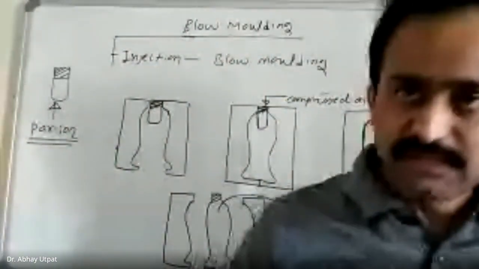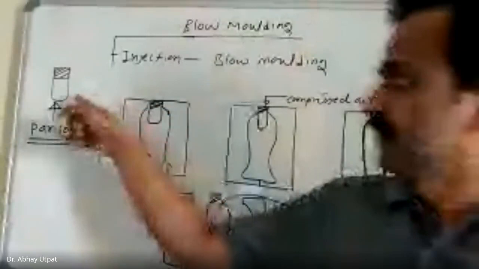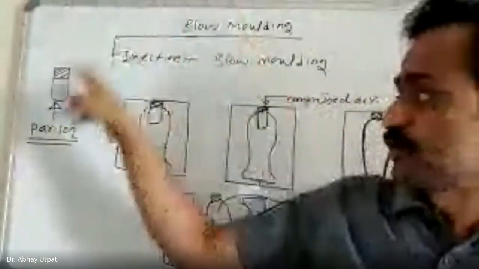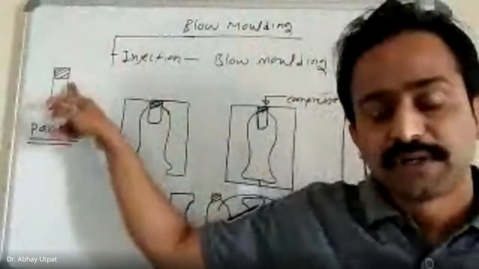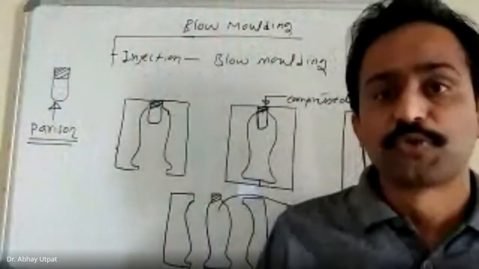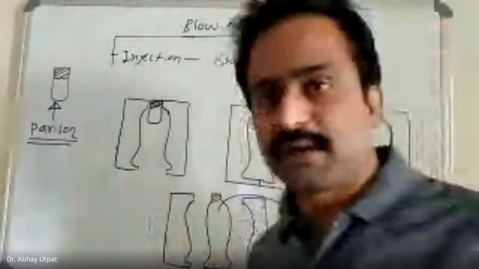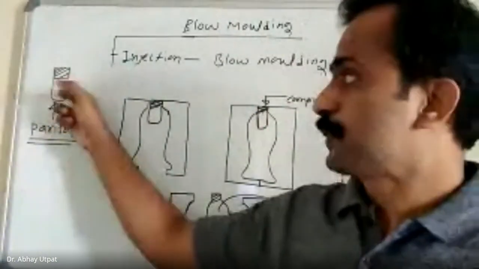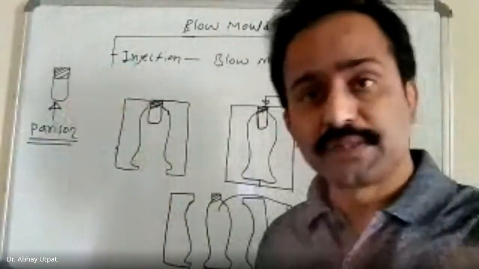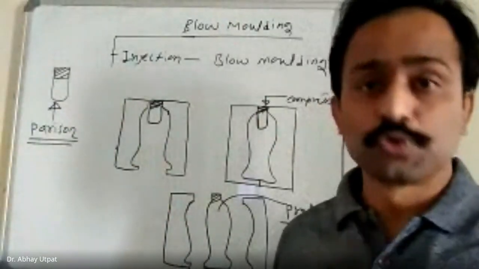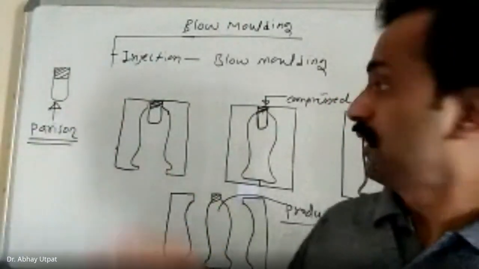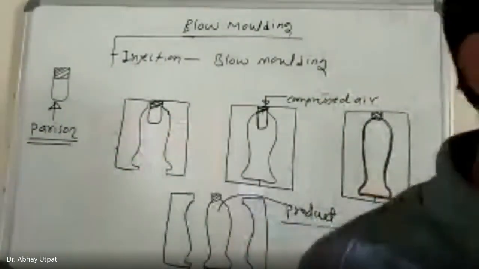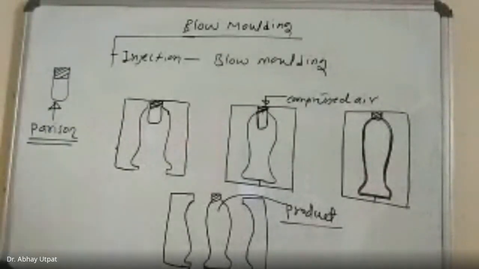The first step is to produce the parison in an injection molding machine. This is the final product of the injection molding machine, which is used as a raw material for blow molding. Now let us see, take your water bottle which is with you. I will show you this water bottle.